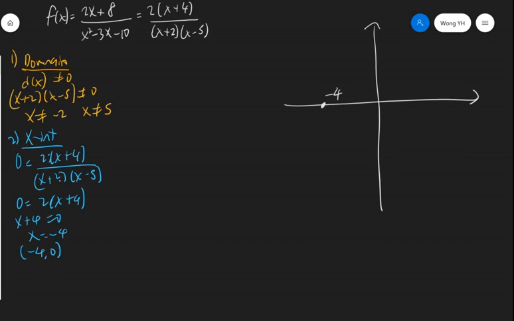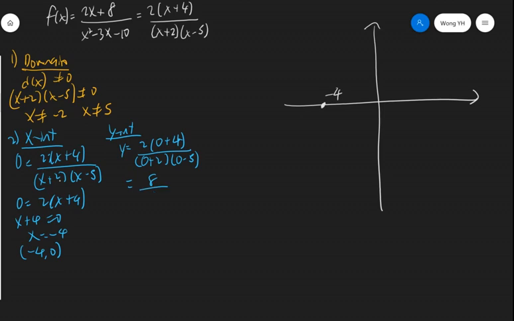Of course, with the x-intercept, the other one will be your y-intercept. So we go and find out the y-intercept. To find the y-intercept, we put x becoming 0. So all this becoming 0: (0 + 2)(0 - 5). On top we will get 2 times 4, which is 8.